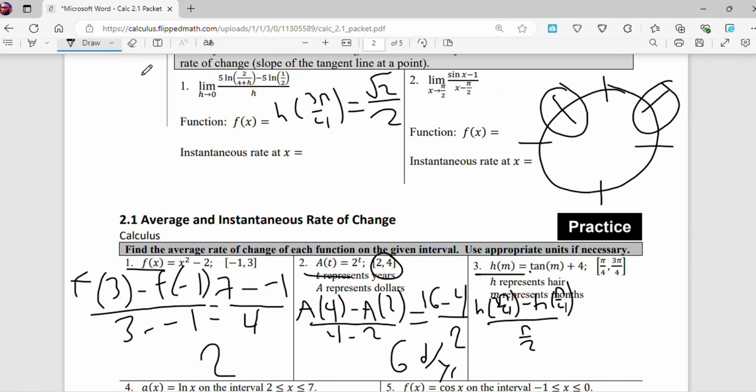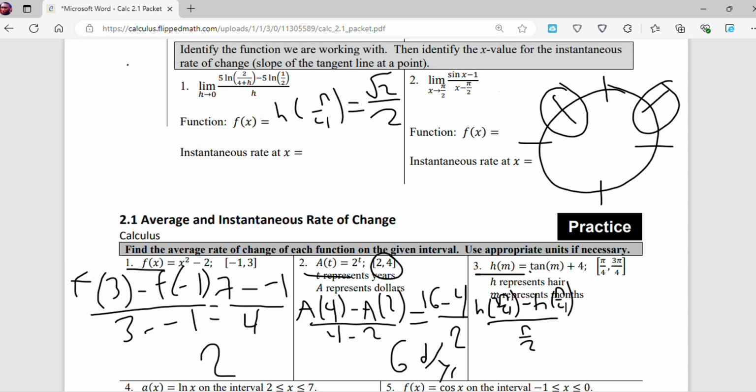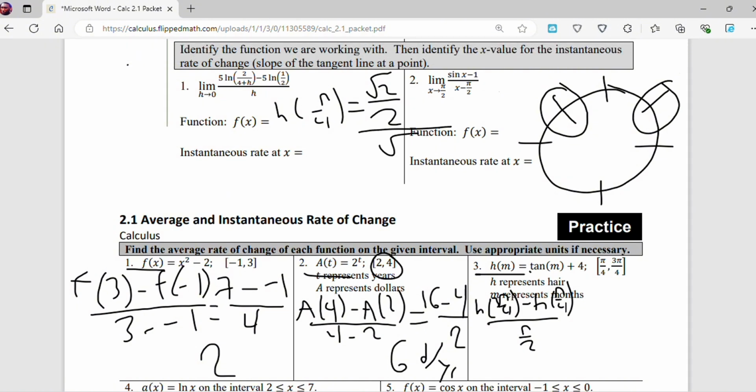Sorry, we're doing pi over 4 first. So yeah, it's square root of 2 over 2. And remember that, divide that by cosine of pi over 4, which is, again, square root of 2 over 2, which is equal to 1.